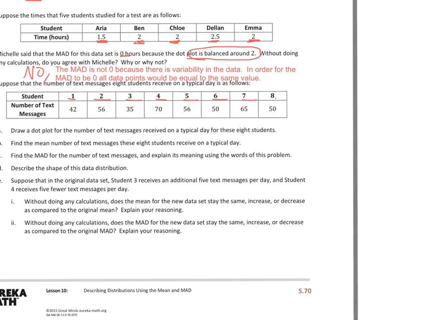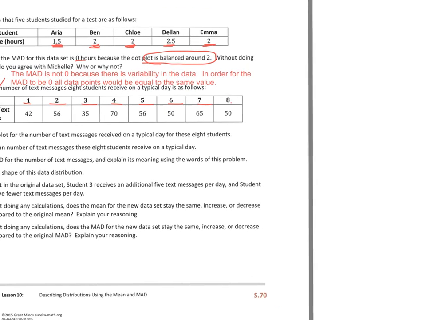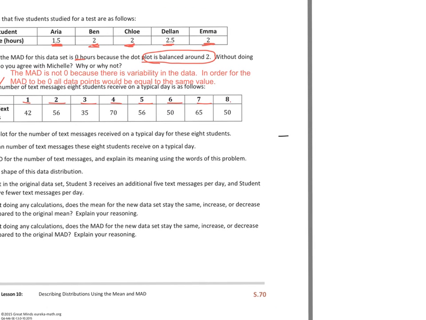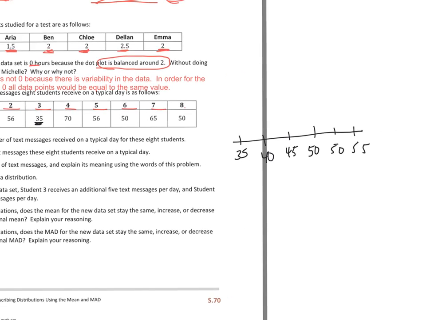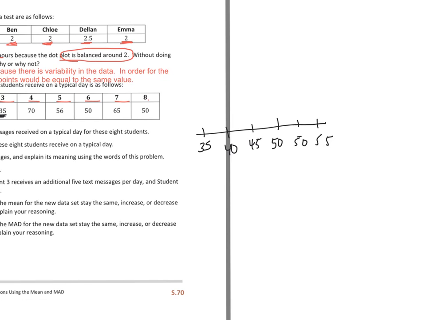So what I want to do is I'm going to draw my line, and I'm going to start it at 35 because that's my lowest point. And I'm going to count by 5s. And I know that I need to get up to 70.